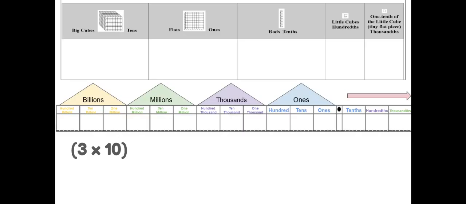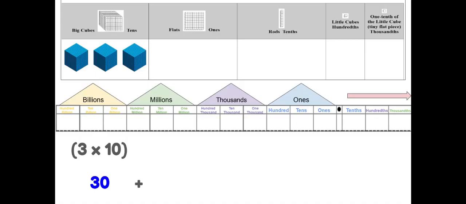If we have 3 groups of 10, that means that we have 30. And that would look like 3 huge blocks, big cubes that we have made. In standard form that is 30. So if we have 3 groups of 10s, we go to our tens place in our place value chart, and that's where we will put the 3.